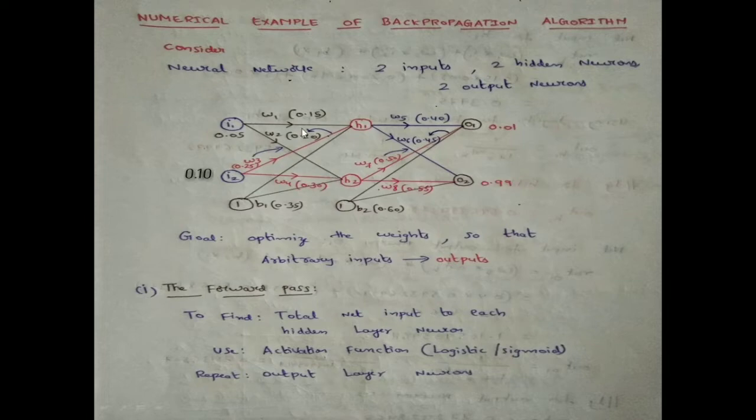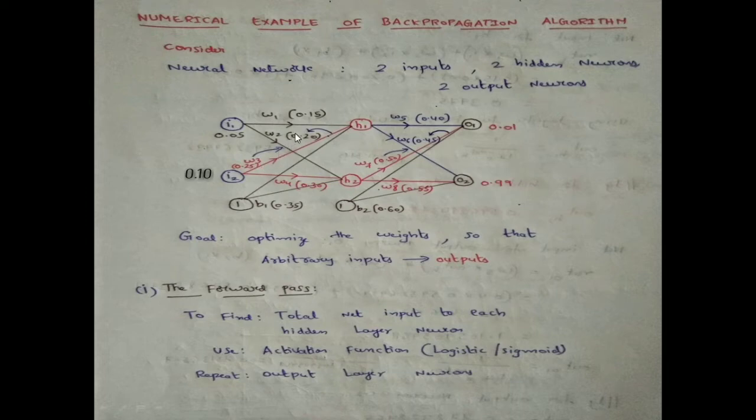Let us see the values of these inputs and weights. Input 1 is 0.05 and input 2 is 0.10. The weight W1, connecting input 1 to the hidden neuron H1, is 0.15.